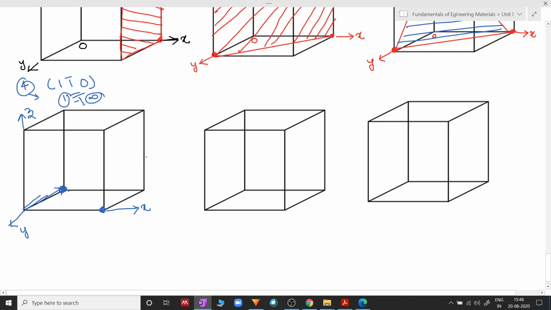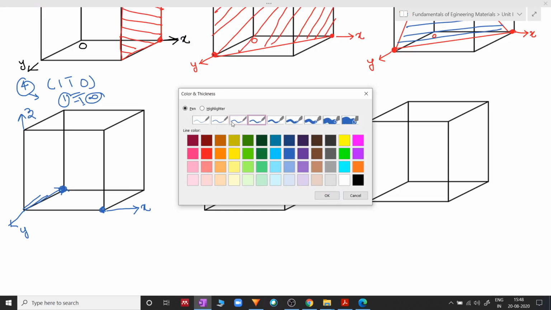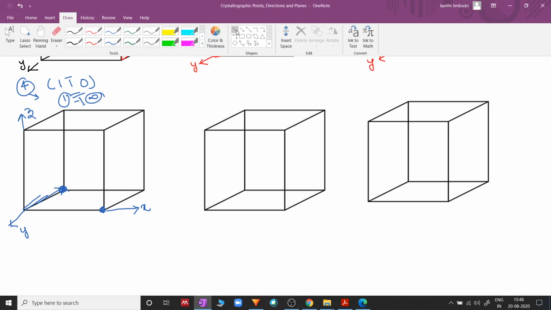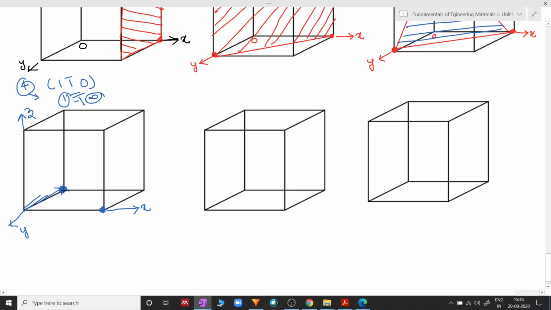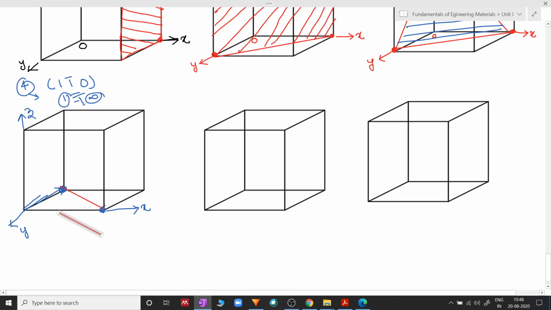So how to draw that one? Joining those 2 points, and then drawing parallel to the z axis. Okay, so we'll draw that joining these 2 points, and parallel to the z axis.